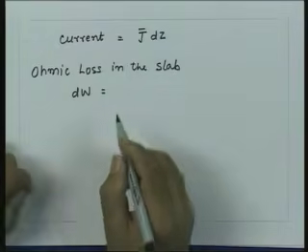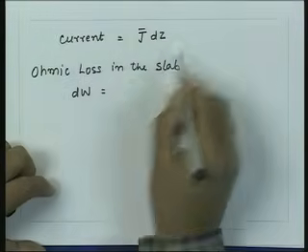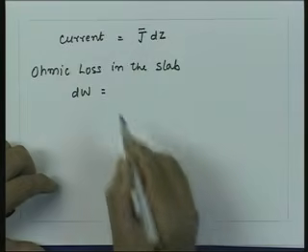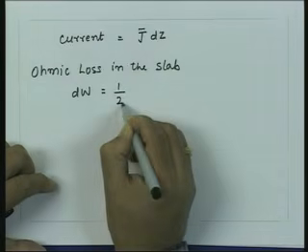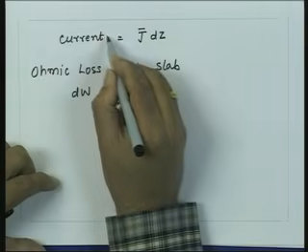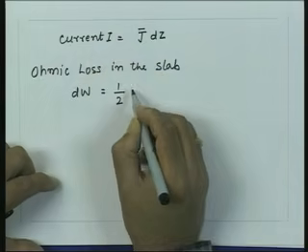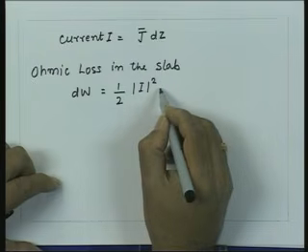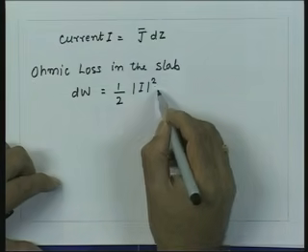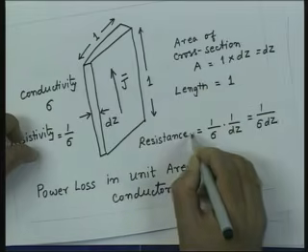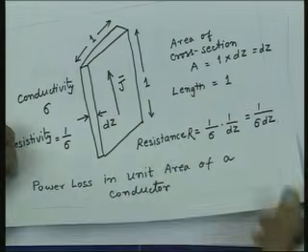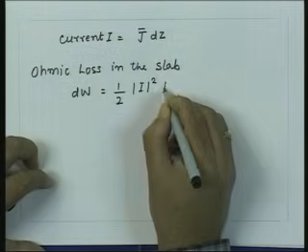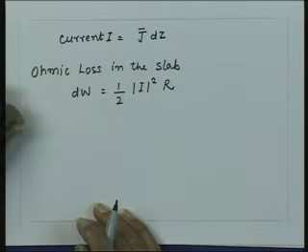So, that is equal to the current square multiplied by the resistance. So, let us say half mod I square, where this current is I, times the resistance R.